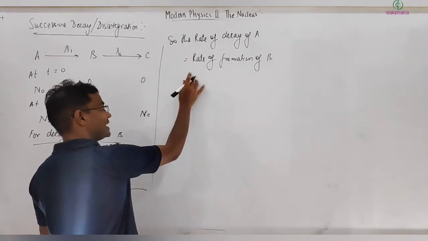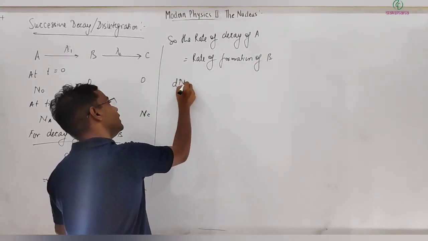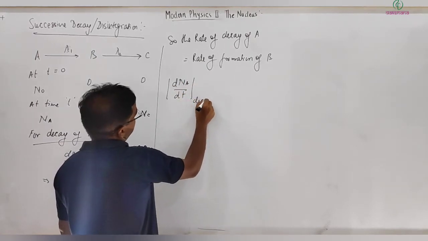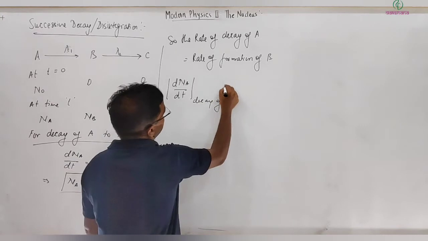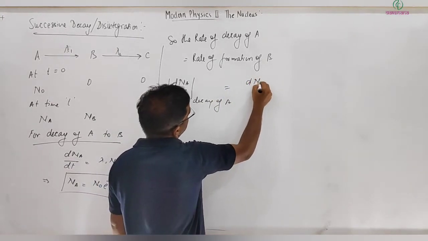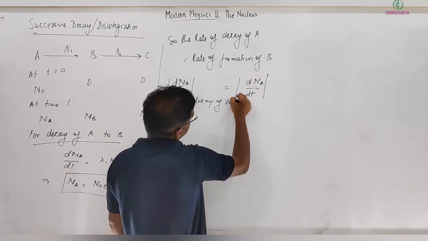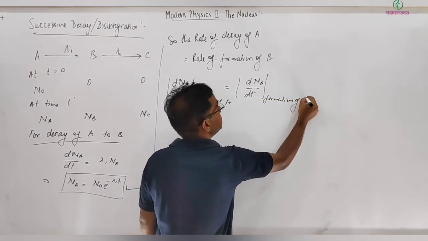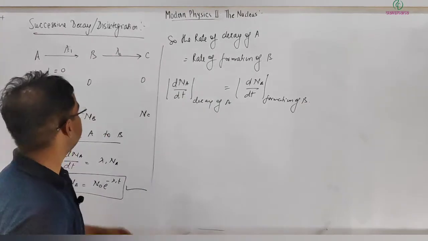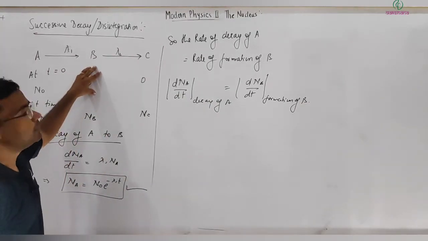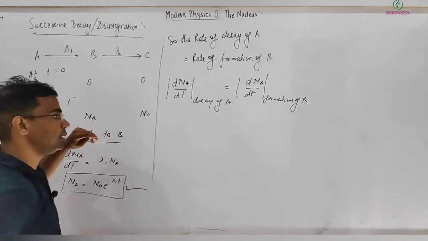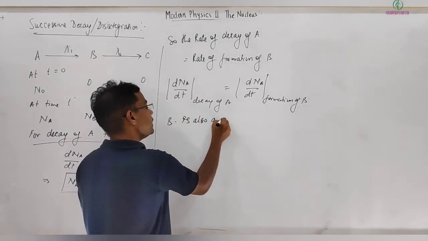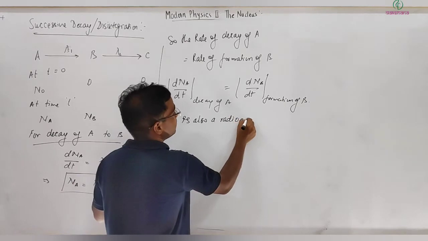So magnitude wise I can write dNA by dt, decay of A, equal to dNB by dt, formation of B. But the point is, when B is forming, B itself is not a stable nucleus here. B is also a radioactive nucleus.